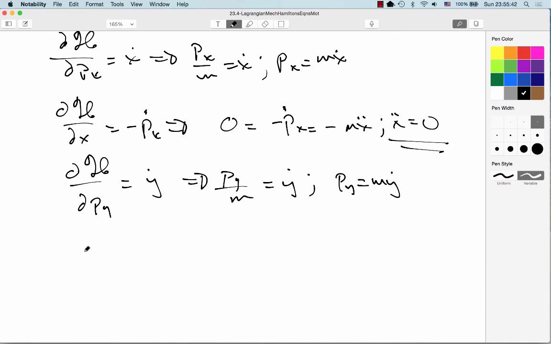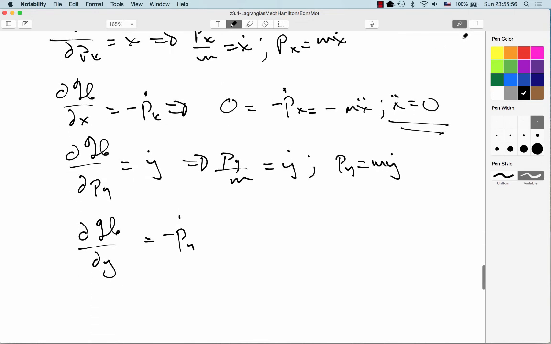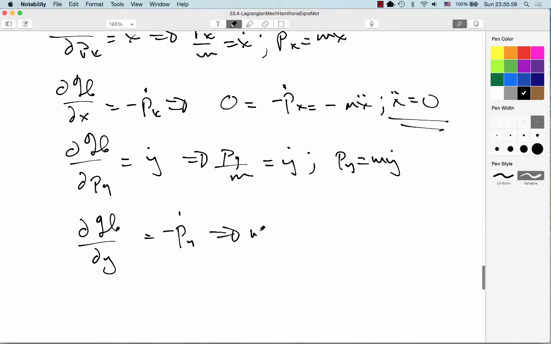Then partial H partial y is equal to minus py dot. We differentiate that with respect to y, we get an mg. So mg is equal to minus py dot, which will be equal to minus m y double dot. So y double dot is equal to minus g. And then we can do all the standard tricks we've done before.